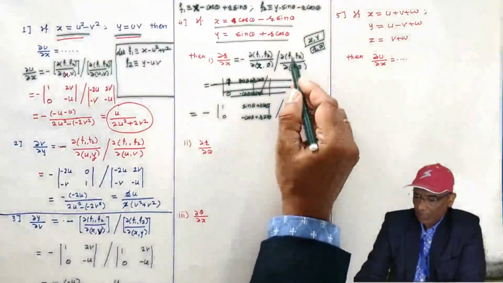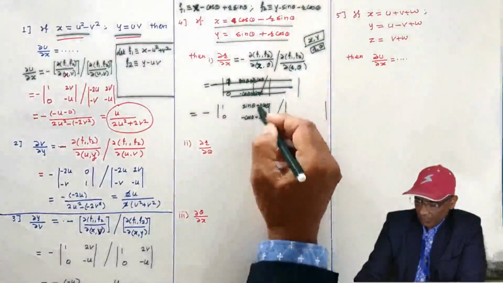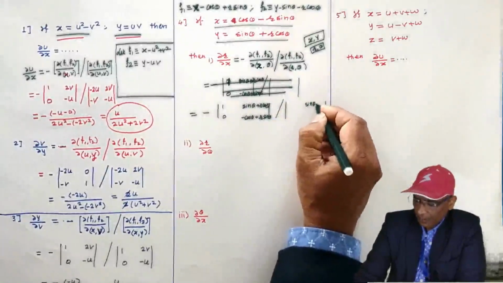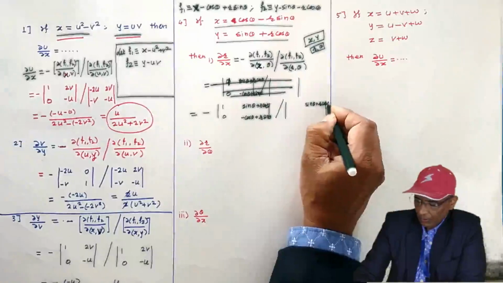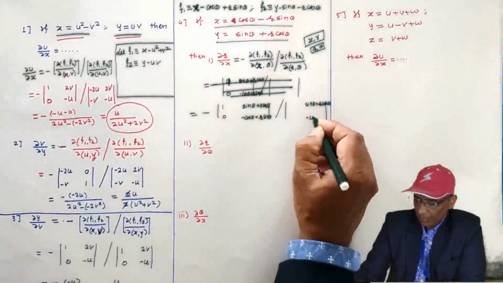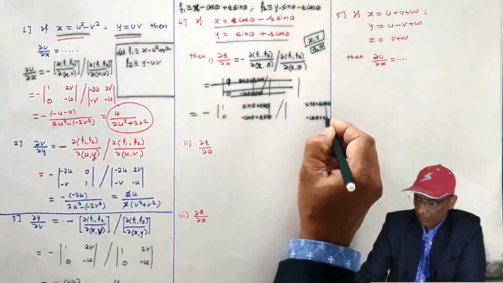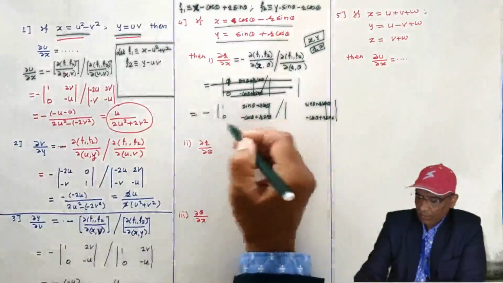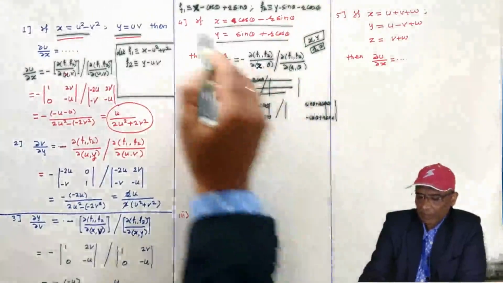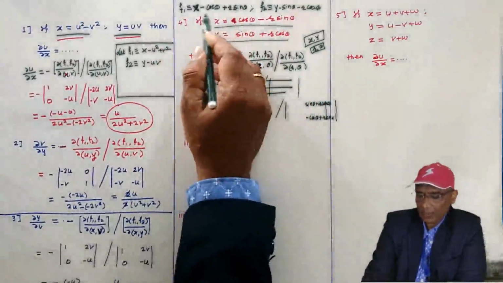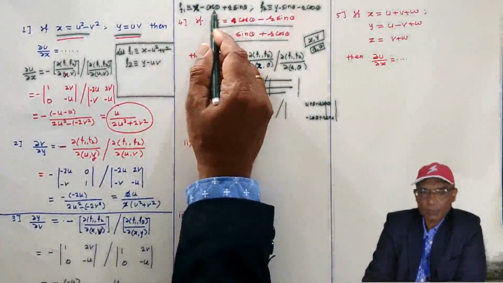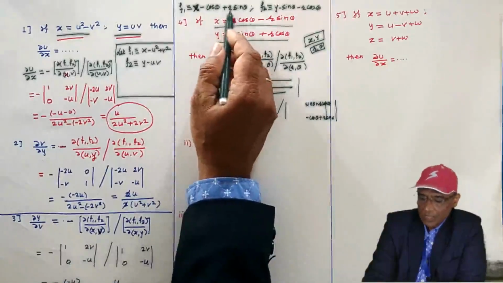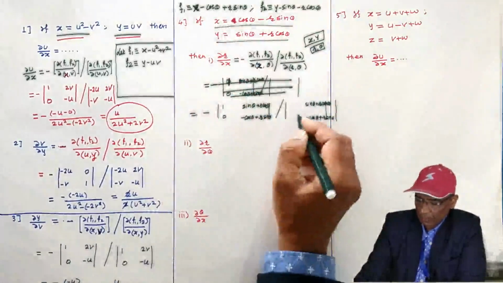Now del f1 by del x, the last column is the same. This I am going to copy. Okay, you have to have practice of it. Sin theta is the last column, and the first column is del f1 by del r. The derivative of f1 with respect to r: the derivative of this is 0 with respect to r, the derivative of this is 0 with respect to r, and the derivative of this term with respect to r is sin theta, because the derivative of r is 1.